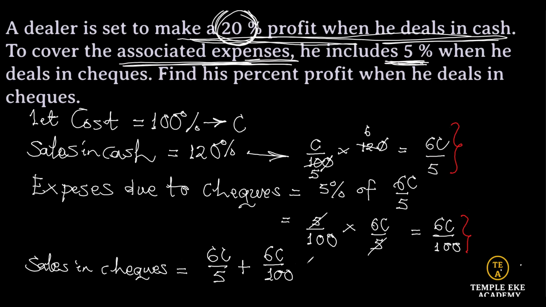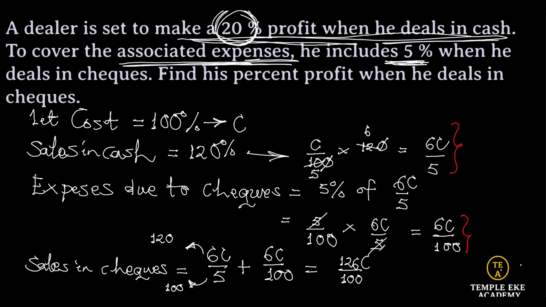When we find the LCM, we can view this 5 as multiplied by 20. Multiply by 20 here gives us 100, and multiply by 20 here gives us 120C, so that we have common denominators. Now this is the same as 120C on 100 added to 6C on 100. Since the denominators are the same, the final denominator is 100, and we have 120C plus 6C, giving us 126C. This is the new sales in checks.